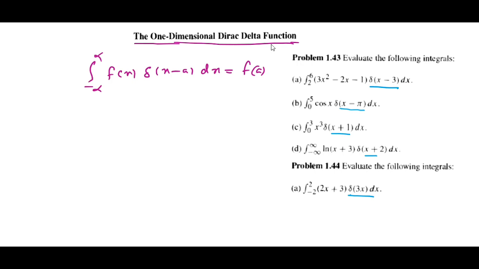That identity is this one: delta of any constant k times x, where k is any non-zero constant, should be written as 1 by k delta x.